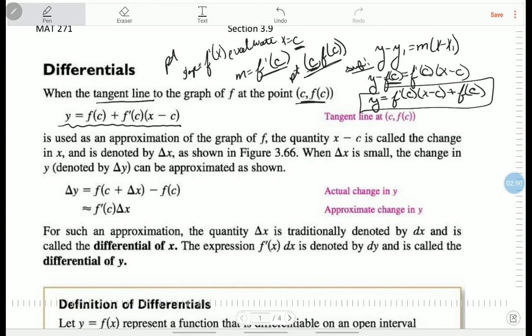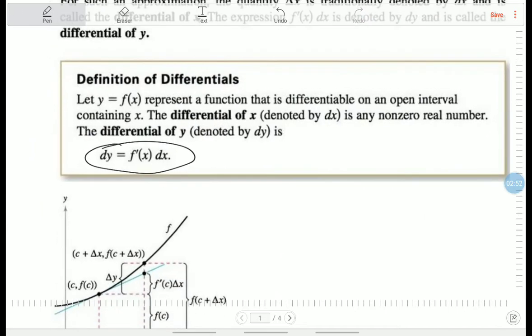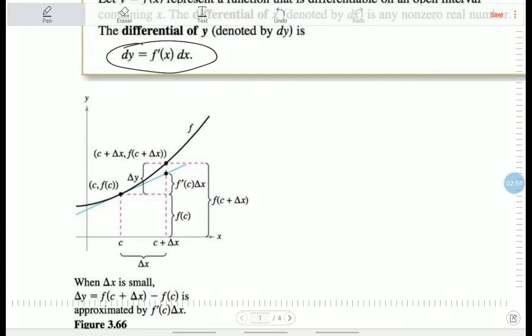So what's happening here is that we're trying to approximate y values. Here's our function, and we could use that tangent line for an approximation as long as our x is really close. Notice our x value here at c would be dead on with what the function at c would be.